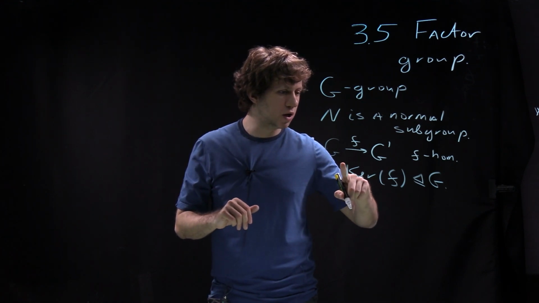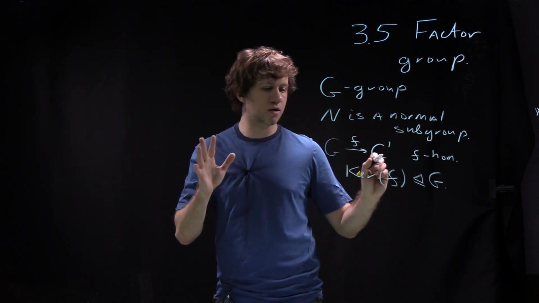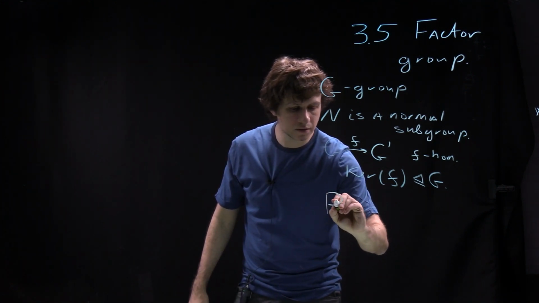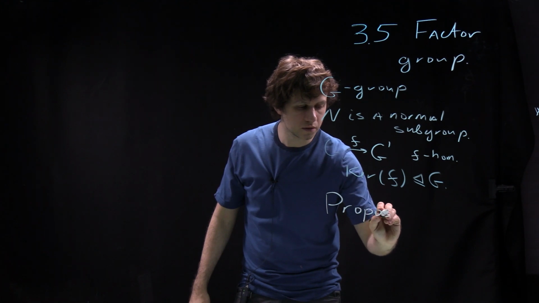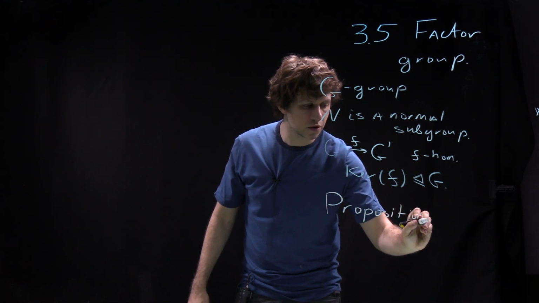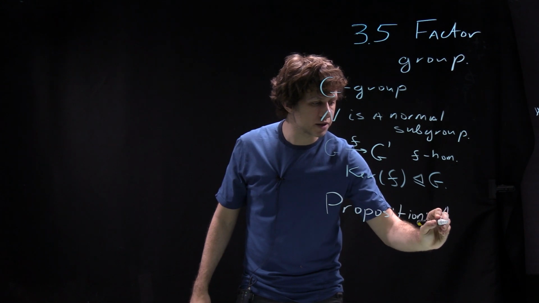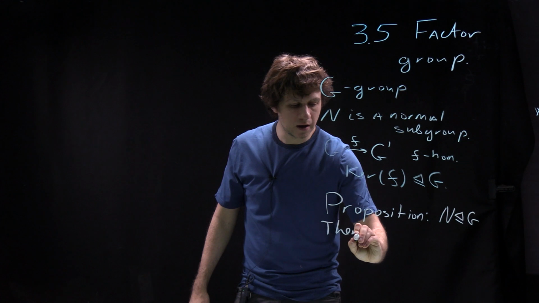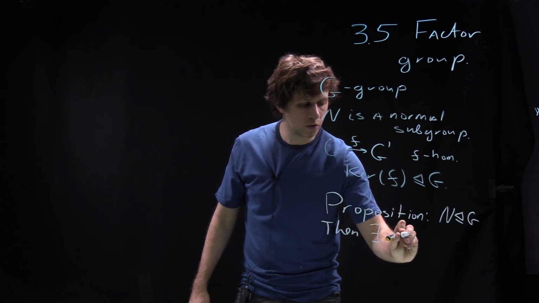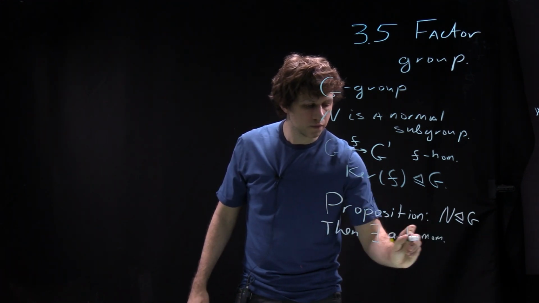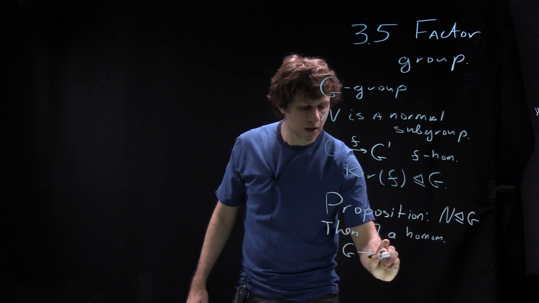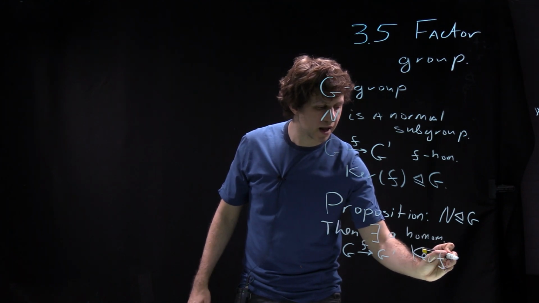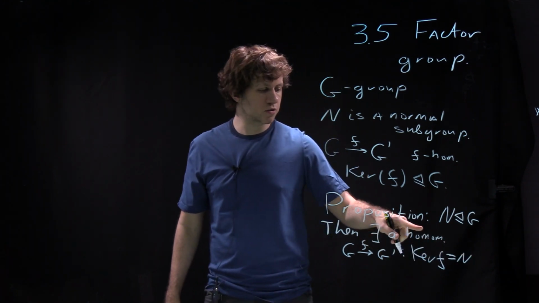And so now I want to formulate the main result of this lecture. So that's a proposition. If N is a normal subgroup of G, then there exists a homomorphism from G to G prime, F, such that the kernel of F equals N. And notice this equals, it's not isomorphic.